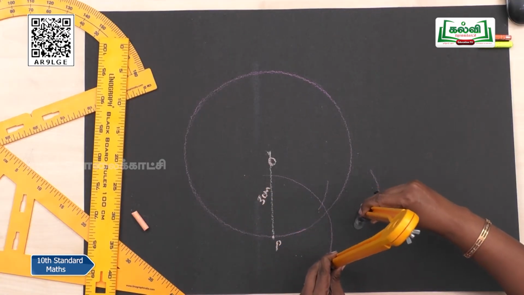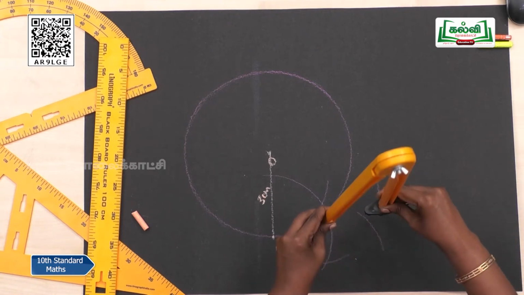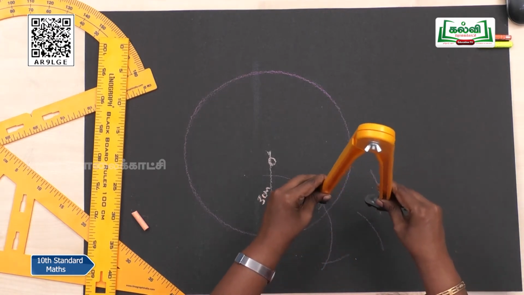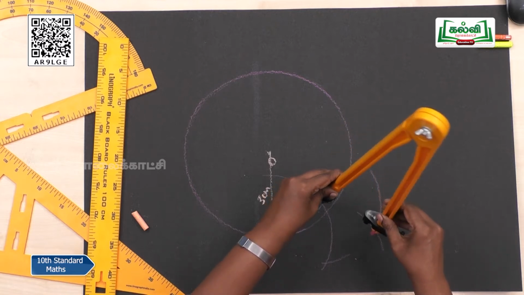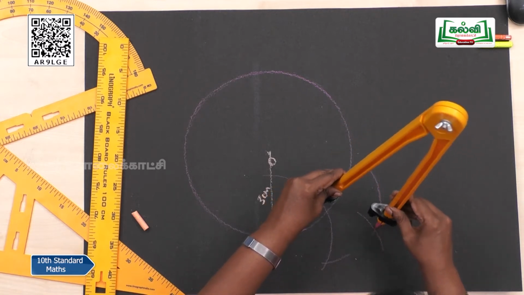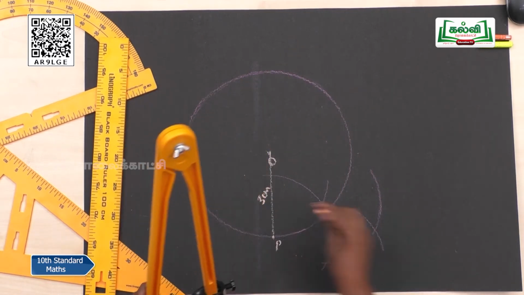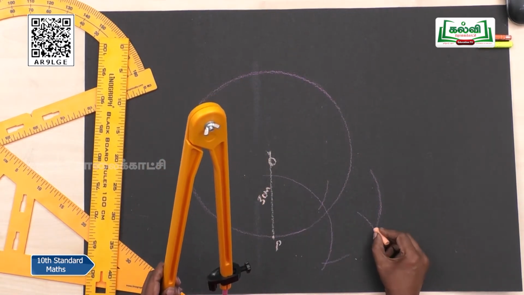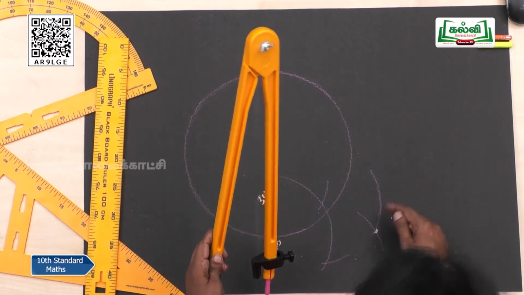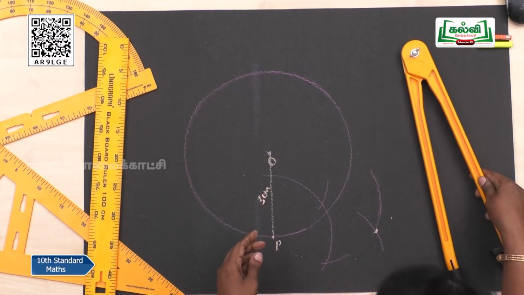It should cut the previous arc, but it is far away, no? So, you can have it one more time. Okay. So, now both the arcs meet at one point, this point. Now, you are going to join, and that will be the tangent.